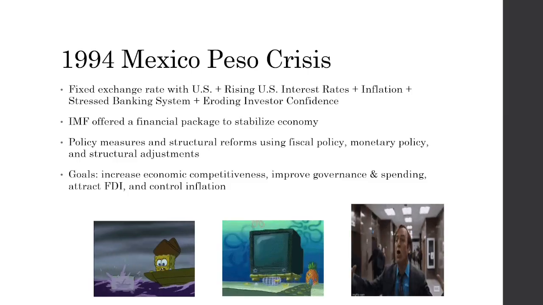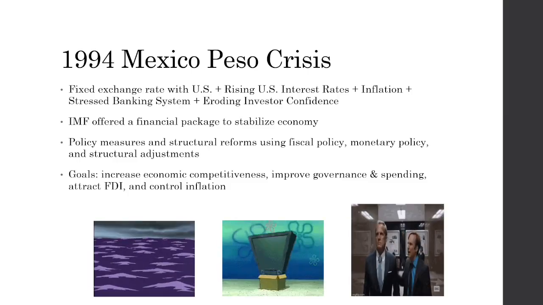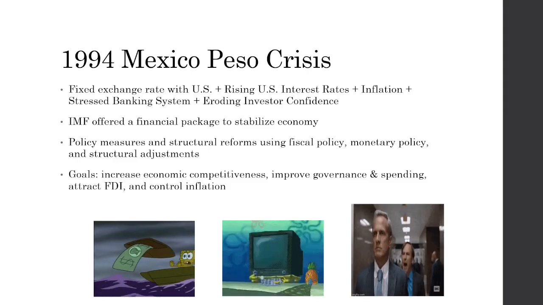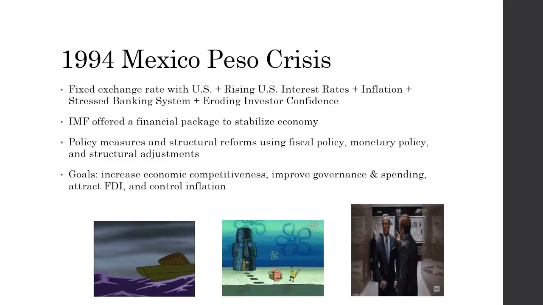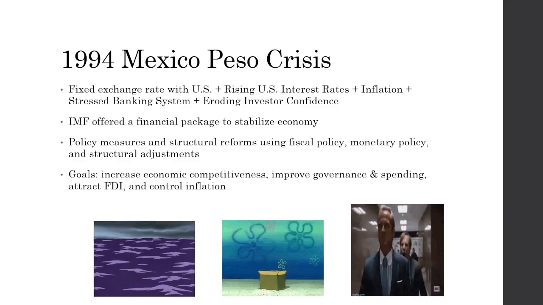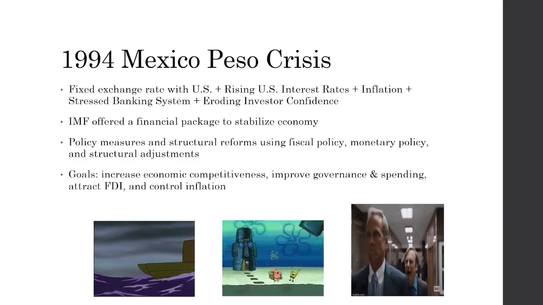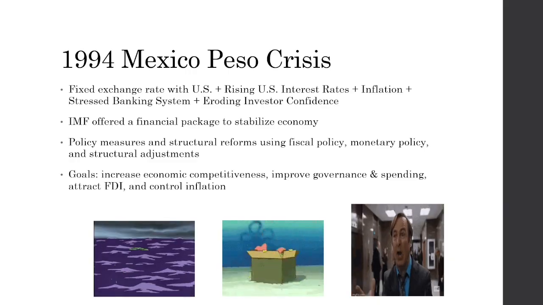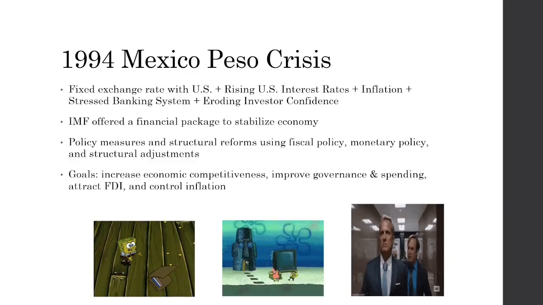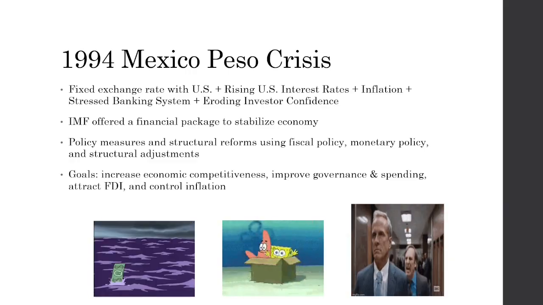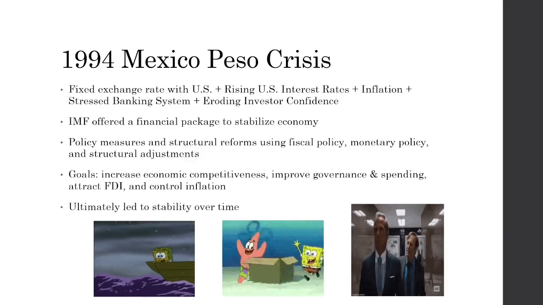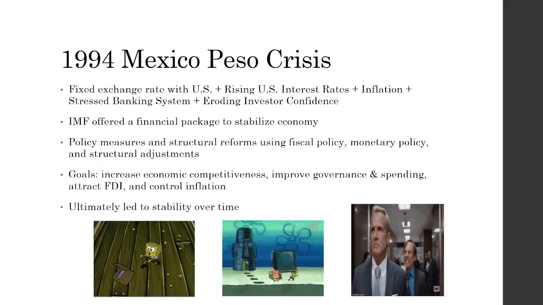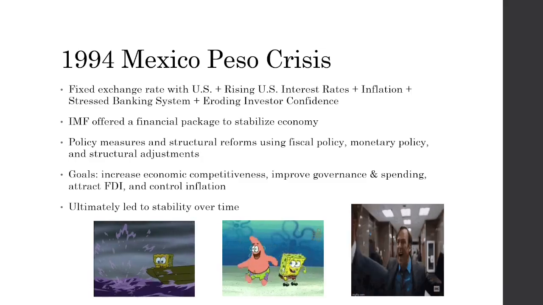And there were goals to increase economic competition, improve governance and spending, because if you increase spending, you'll increase GDP, attract investment as well, bring back those investors that eroded before, and also control inflation rates. You don't want inflation rates to fluctuate that much. You want the economy to be relatively stable, so loans are taken out at the same interest rates for extended periods of time. And this ultimately did lead to stability, so it kind of did work. So this is an example of the IMF in action.